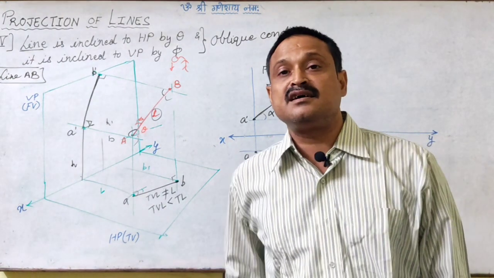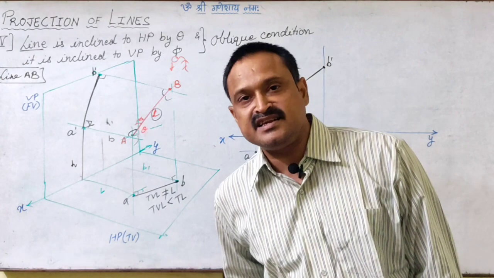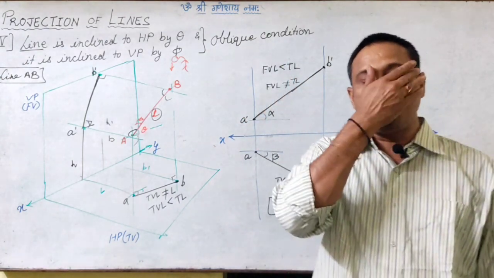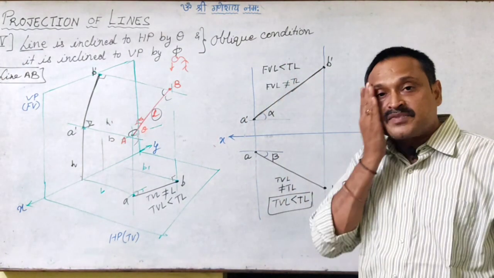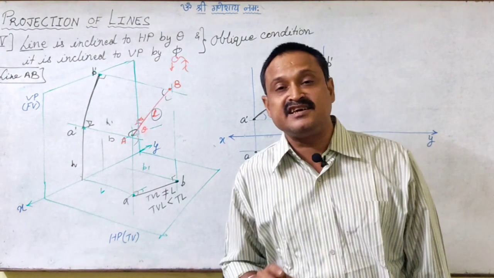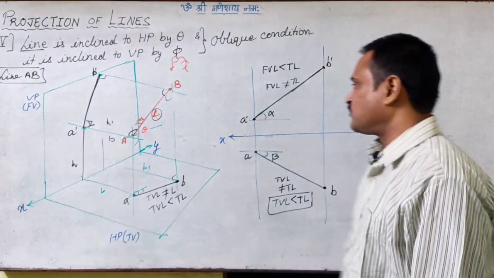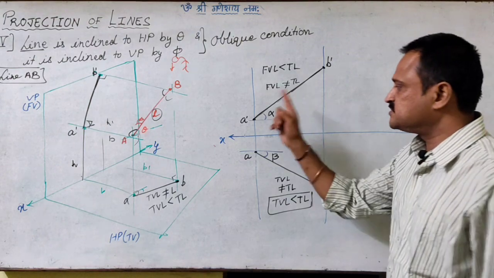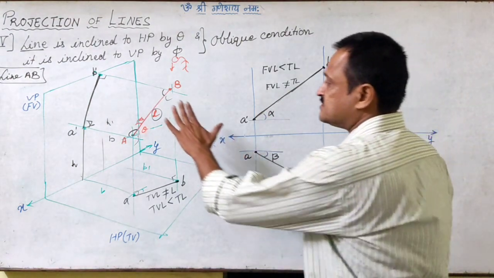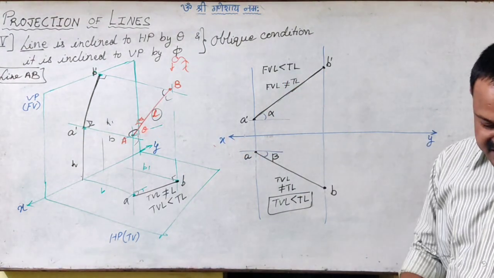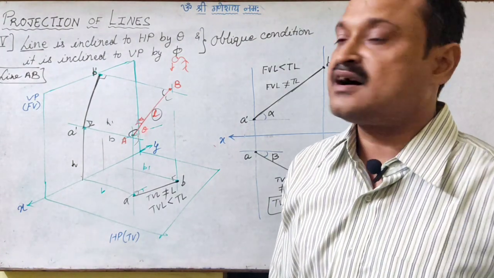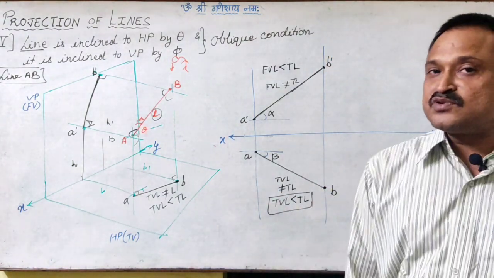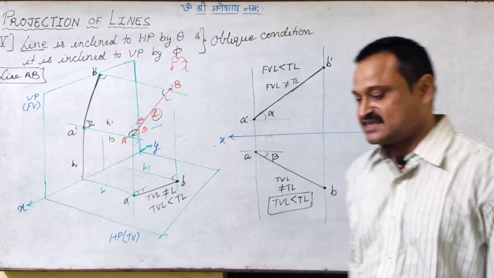Alpha is the projected inclination of the front view, and beta is the projected inclination of the top view. I hope this is clear. So now in this oblique condition, we are unable to get the true length and true inclination.